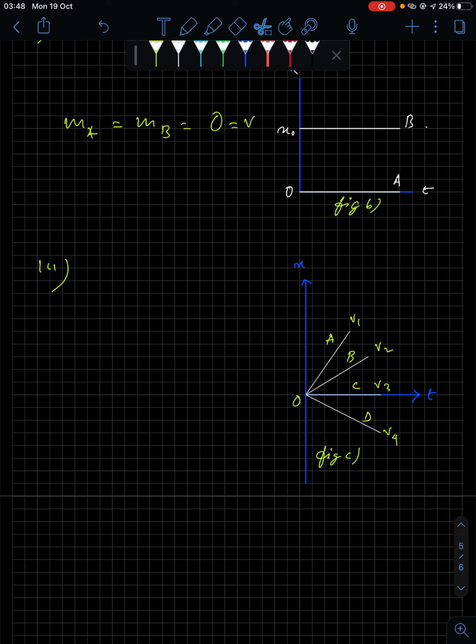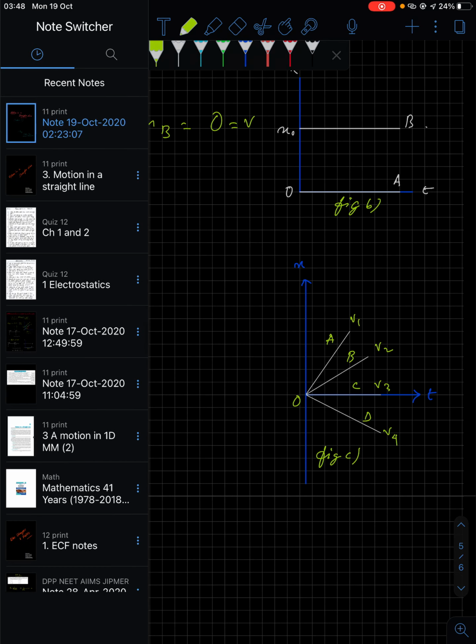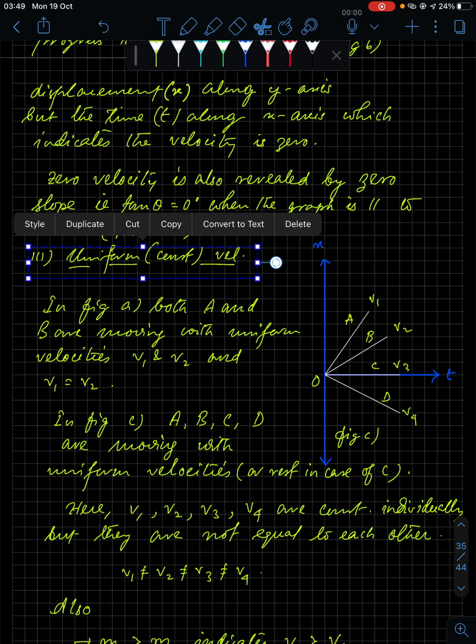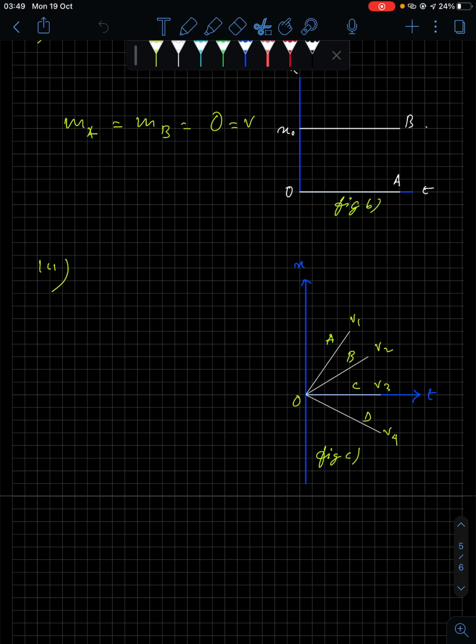So it will be a uniform or constant velocity.